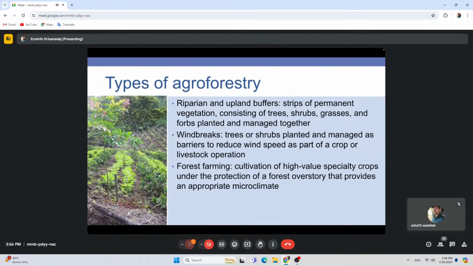Next slide, please. Riparian and buffer zone. Riparian usually means the area very close to a river or stream.